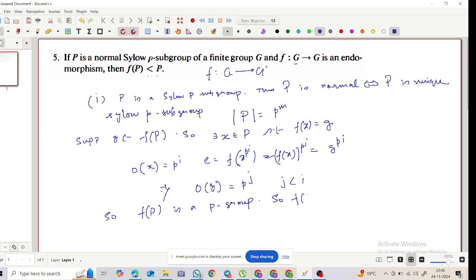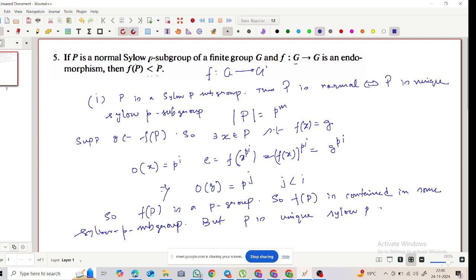So f(P) is contained in some Sylow P subgroup, right? But P is the unique Sylow P group of G. Okay, okay, understood.